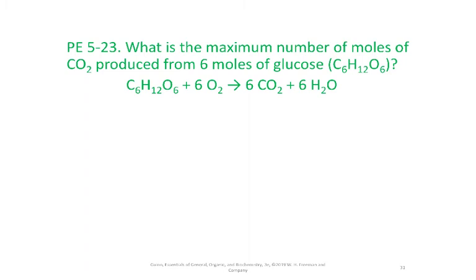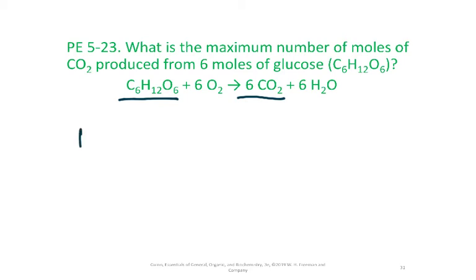Here's practice exercise 523. A balanced chemical equation is given. If it's not given, you have to balance it, but it is balanced here. What is the maximum number of moles of CO2 produced from 6 moles of glucose? So you might be able to just look at this and see what we have here. But if we want to do this in a strategic, systematic way, we can find our mole ratios, right?